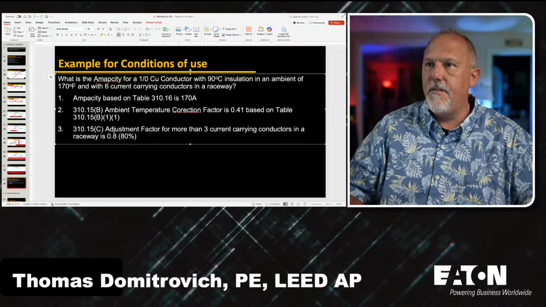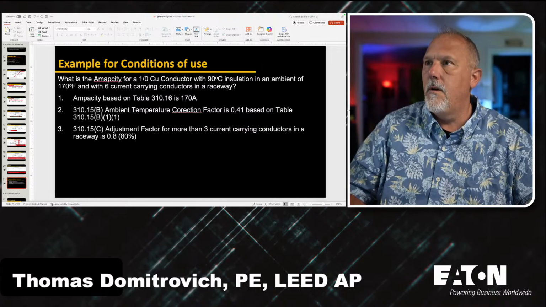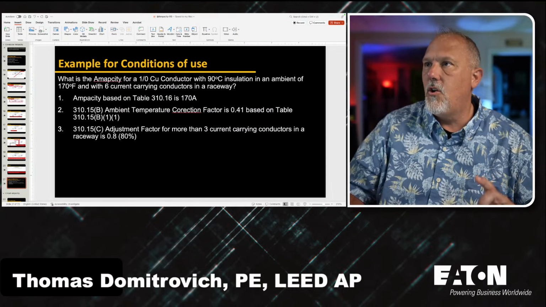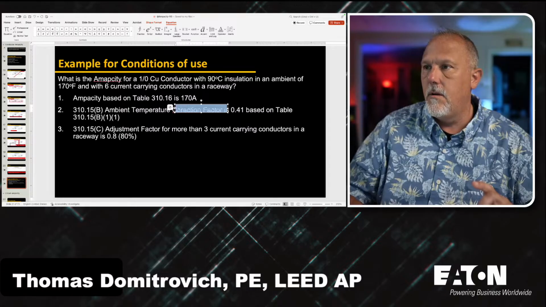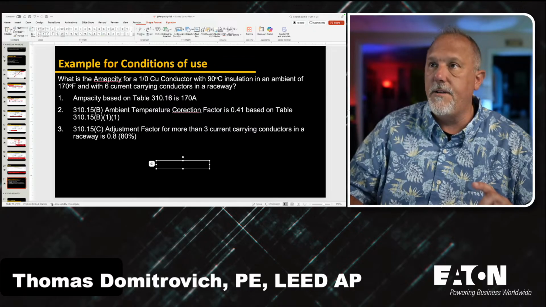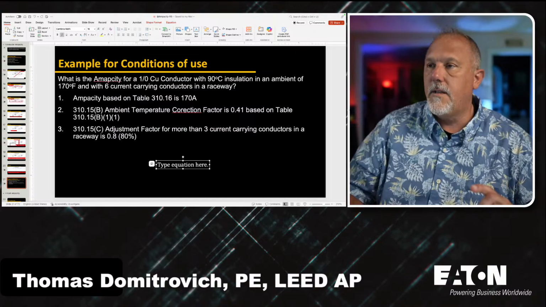So we've got the 6 current carrying conductors, and then we're going to do the math, right? Okay, let's do the math. Ampacity. We're going to do an insert equation. I'm going to bring it down here. All right, type equation here.